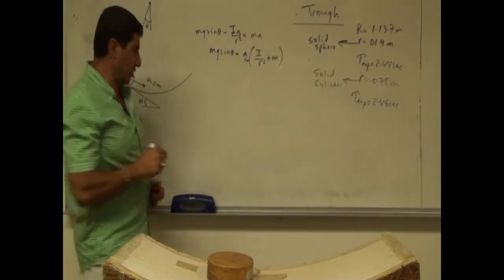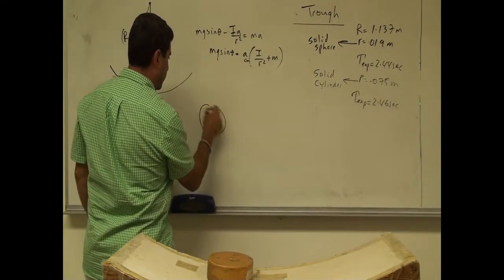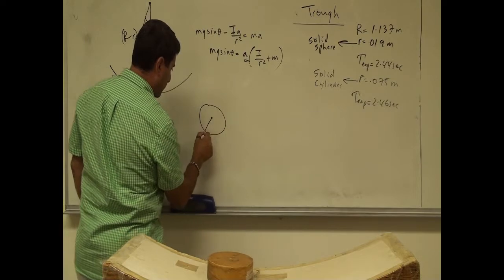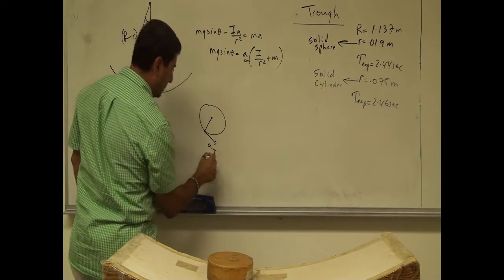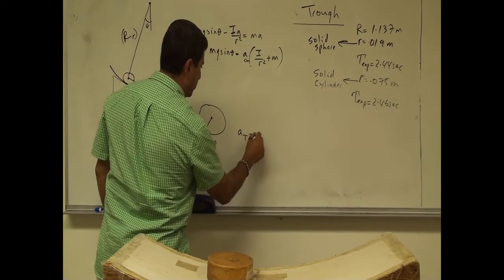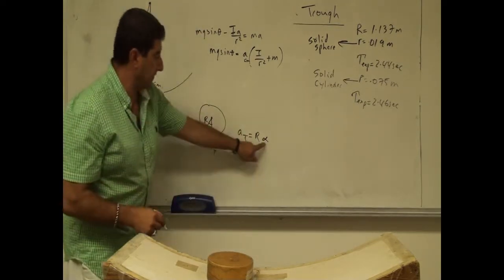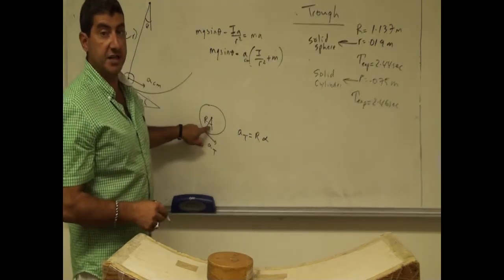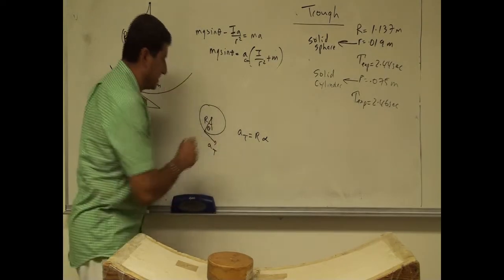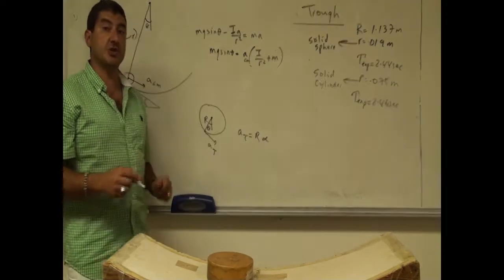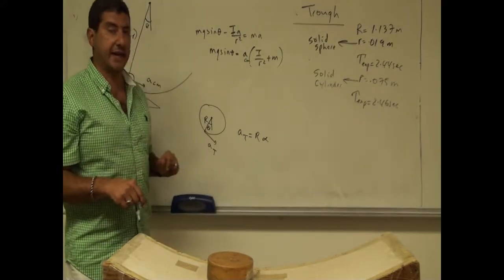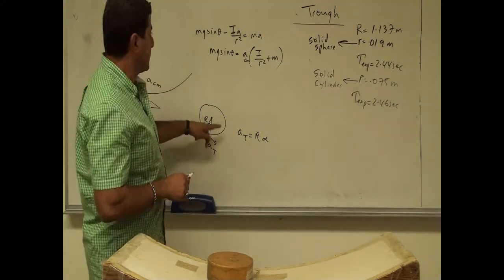In rotation, we learned that when something is rotating like this, this is A tangential. A tangential is going to equal the radius times alpha, and alpha is the second derivative of this angle, theta. It's the rate of change of the rate of change of the angle with respect to some point, right?